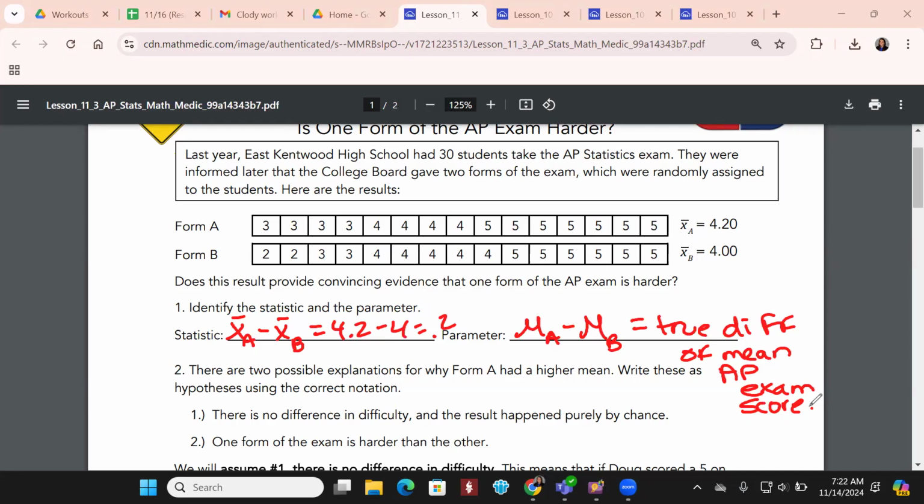So there are two possible explanations for why form A has a higher mean. Write these as hypotheses with the correct notation. So there is no difference in difficulty and the result happened purely by chance. So that means that our null is mu A minus mu B is 0. Remember, null has to equal a number. Either it's 0 or some arbitrary number.